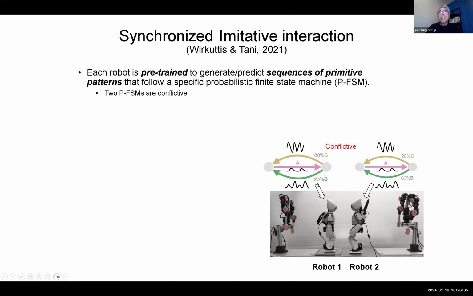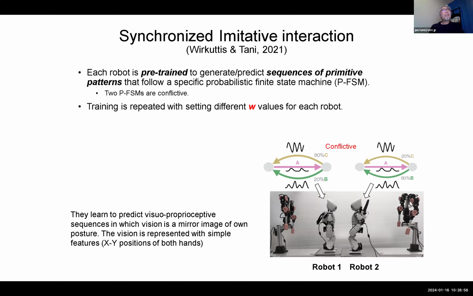But after that, one robot wants to do 80% C and the other wants to do 80% B, so imitative interaction becomes difficult. We intentionally set the system this way to look at a conflictive situation.